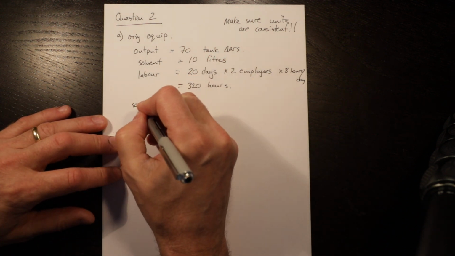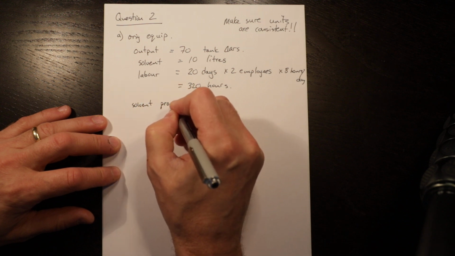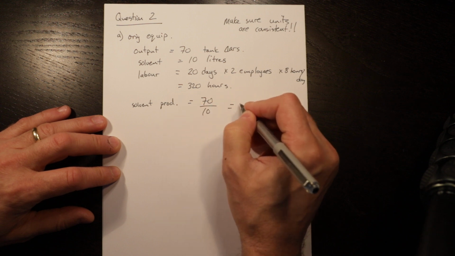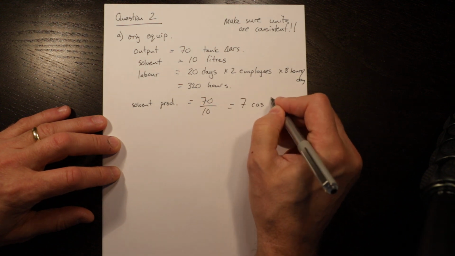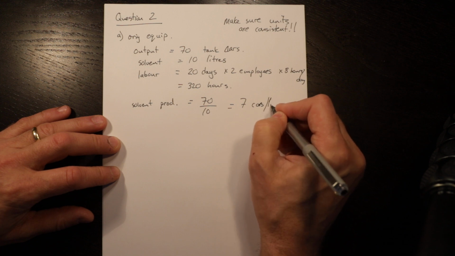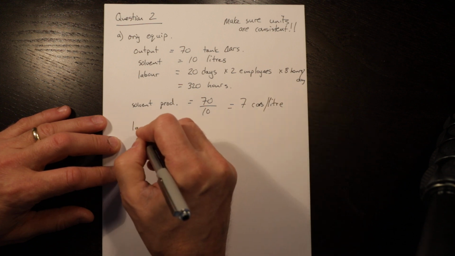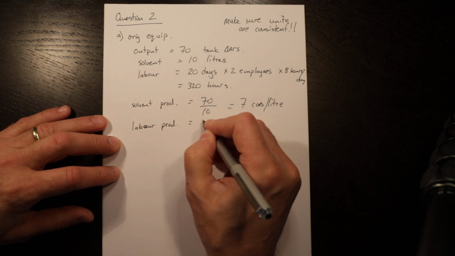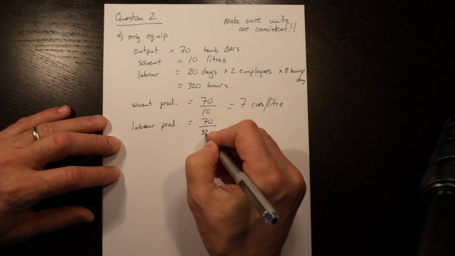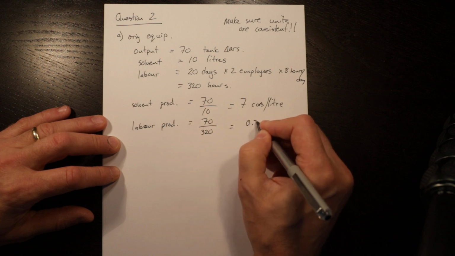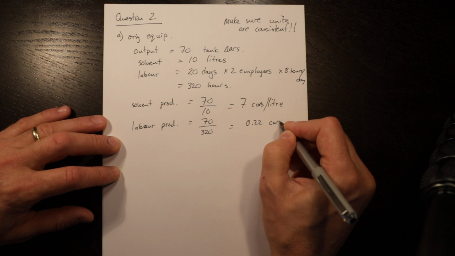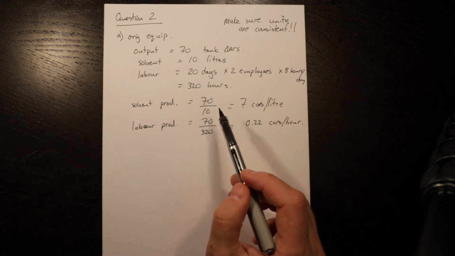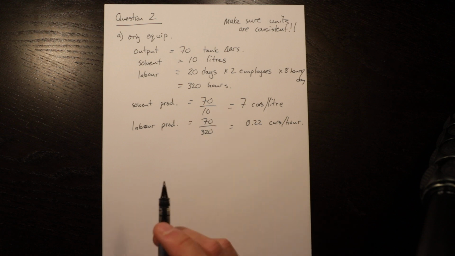So solvent productivity is equal to 70 over 10 is equal to 7 cars per liter, and labor is equal to 70 over 320 equals 0.22 cars per hour. So again, we've calculated output over input for 2 different inputs.